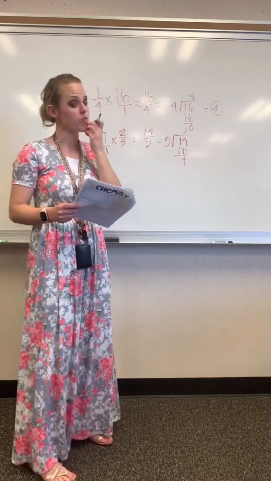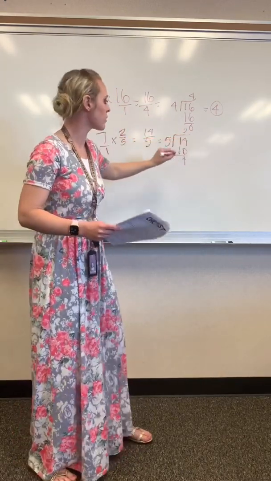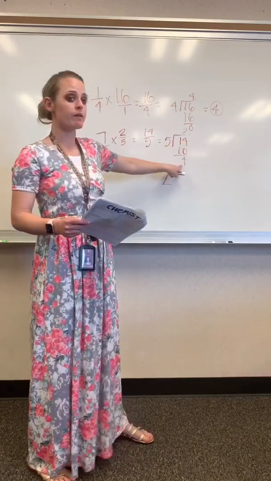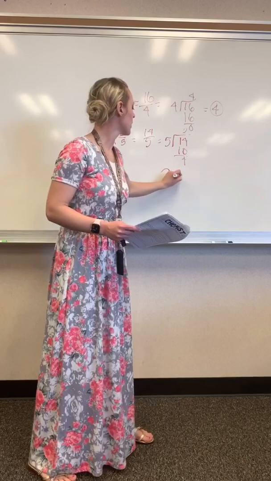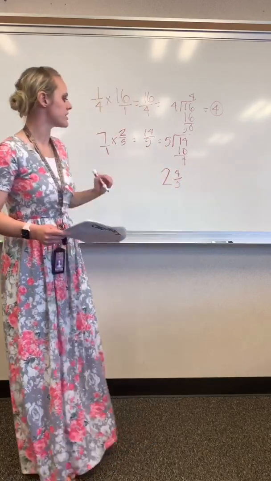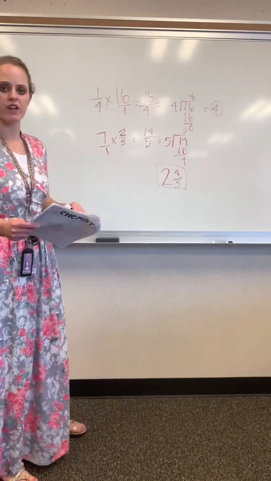And then in order to write this, we take our top number, that's going to be our mixed number. Our remainder becomes our numerator, and our 5 is our denominator. So our answer is going to be 2 4/5. Okay?